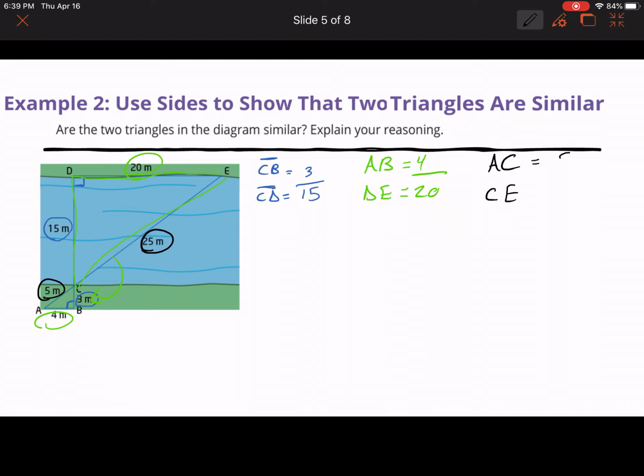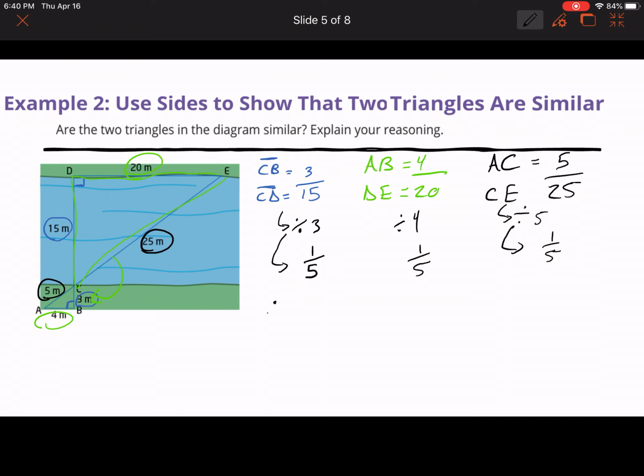So AC is 5 and EC is 25. We've got 3 fractions on the go here. If we brought those down to their lowest fraction, we would divide this one by 3 and get 1/5. We divide this one by 4 to again get 1/5. And we divide this one by 5 and again get 1/5.